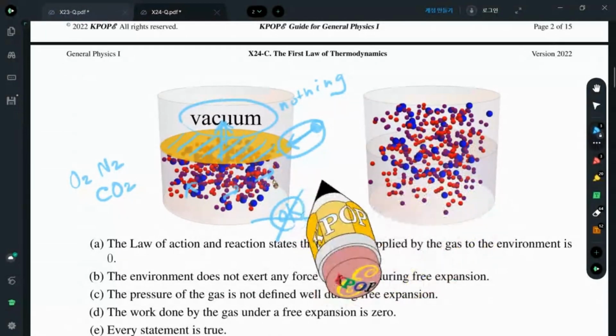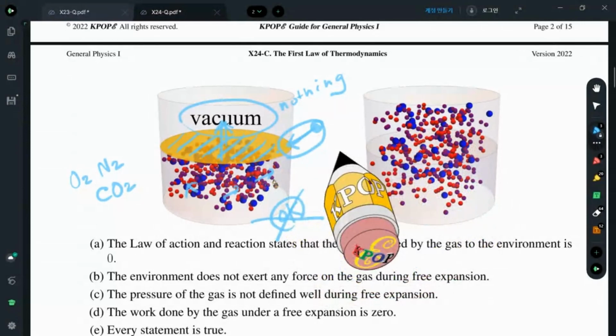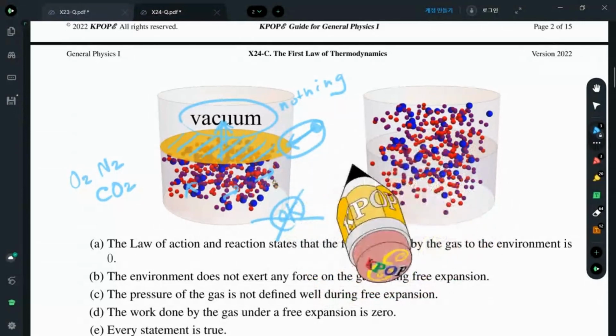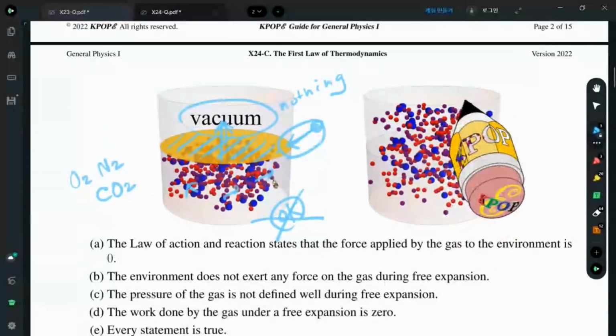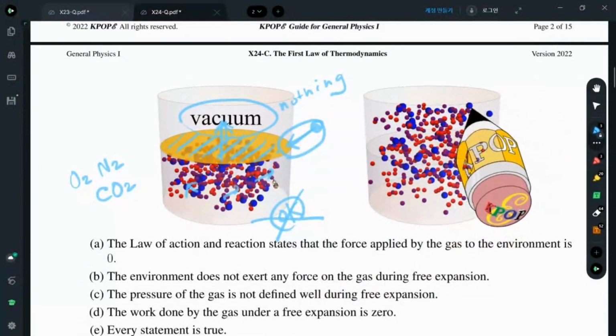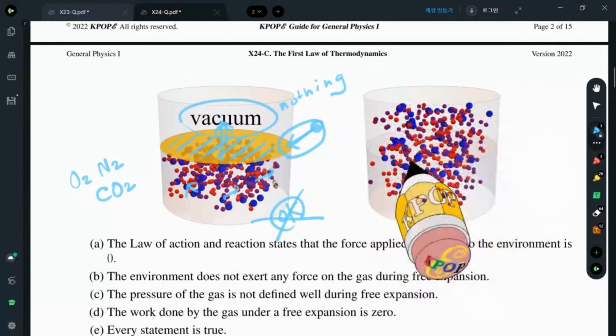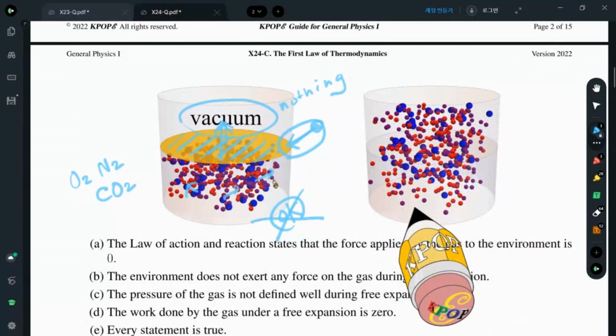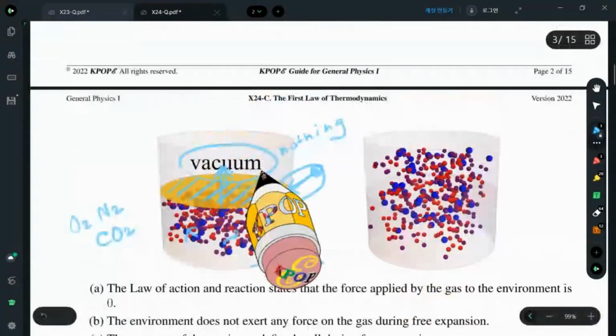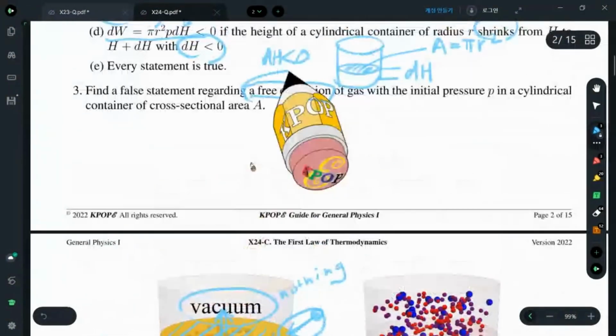And after some time it reaches a thermal equilibrium at temperature T, and it has a certain volume and a certain pressure. Okay, that's called free expansion.